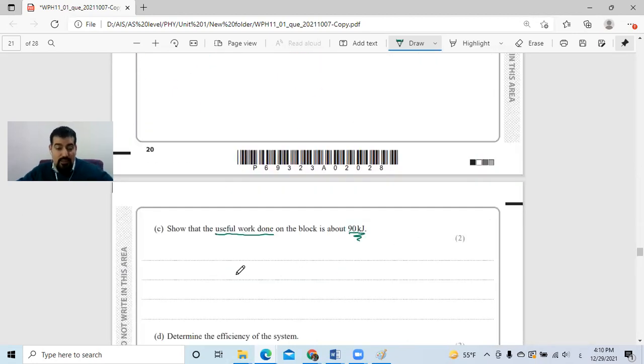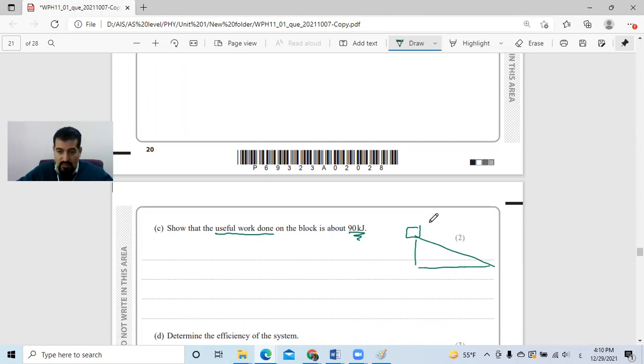Yes, the useful output. When they put the block up here, what form of energy does it have? Gravitational potential energy. So the work output is the gravitational potential energy, which is mgh.